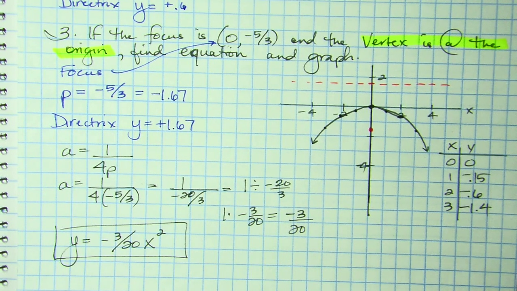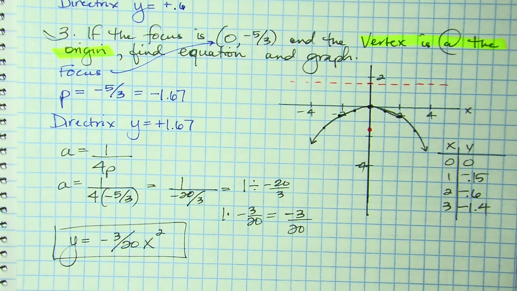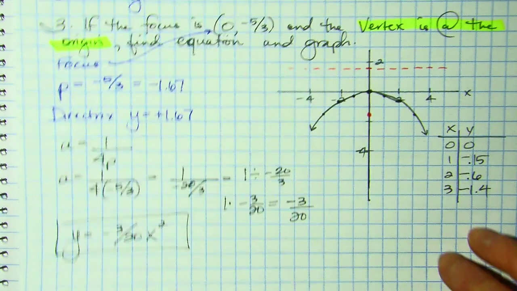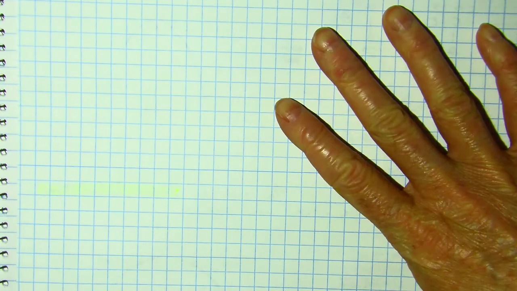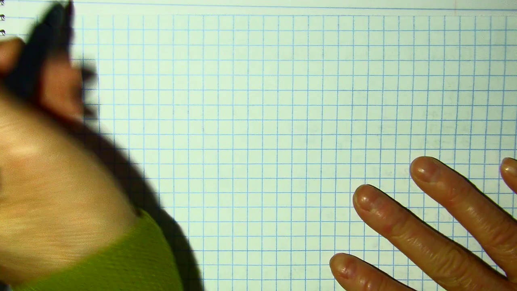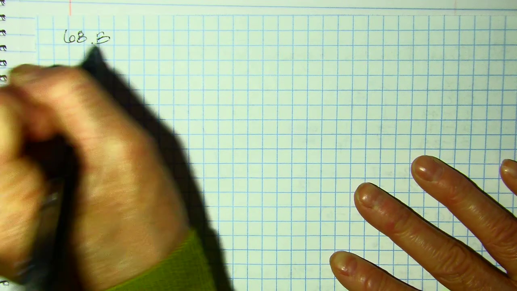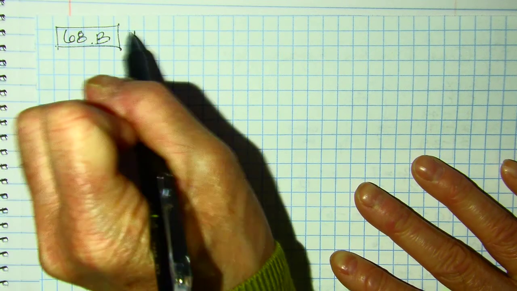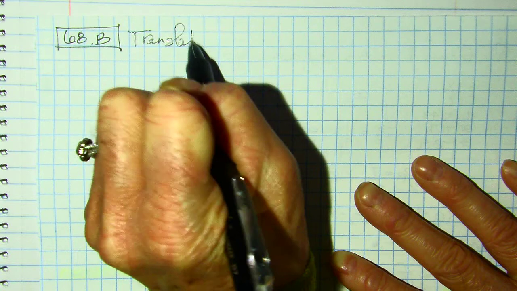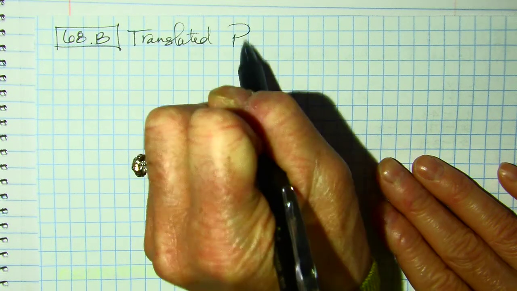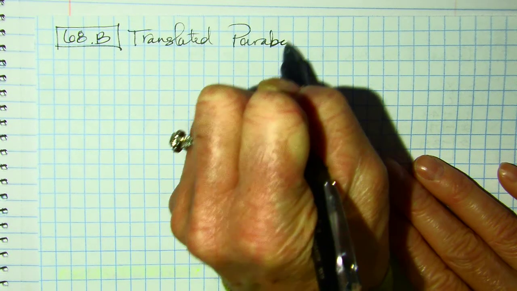All right, so I am going to move on to 68 point B. And I am going to actually write on the back. So 68 point B is on translated parabolas. Whoops.